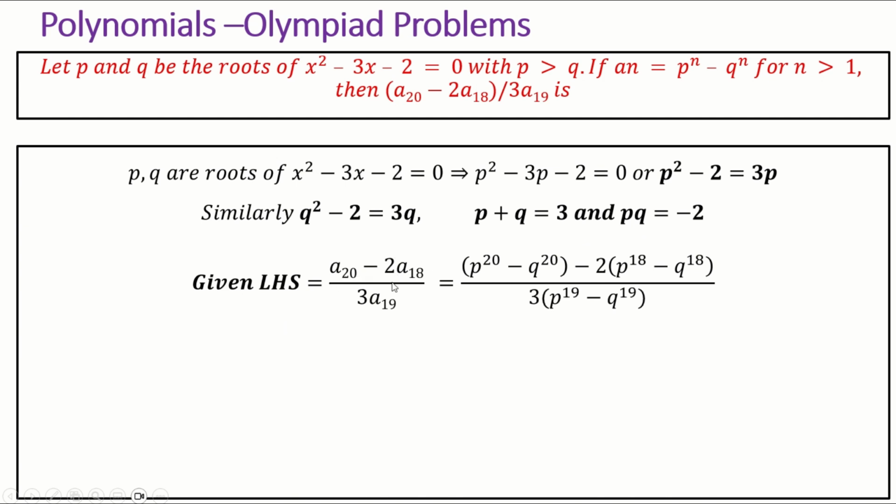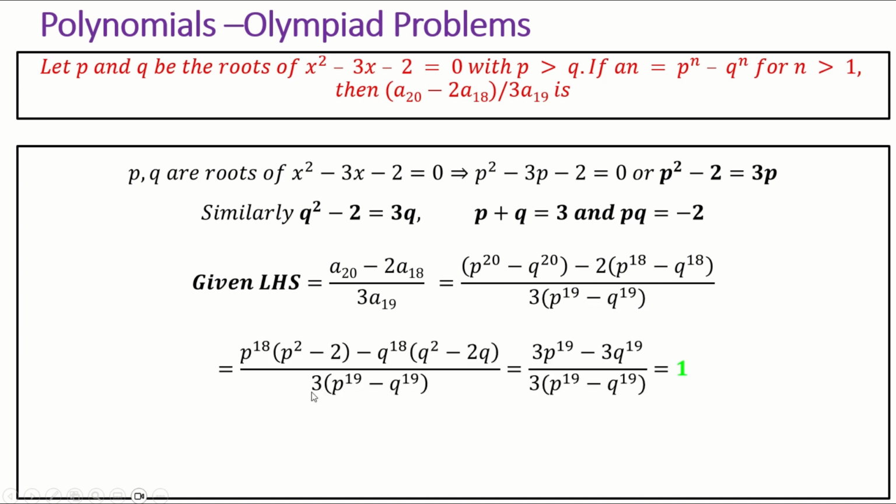A20 minus 2A18 divided by 3A19. Substitute the values: P to the power of 20 minus Q to the power of 20, minus 2 into P to the power of 18 minus Q to the power of 18, divided by 3 into P to the power of 19 minus Q to the power of 19. Now you take common things. P to the power of 18 you can take common from these two terms, then you will get P square minus 2.